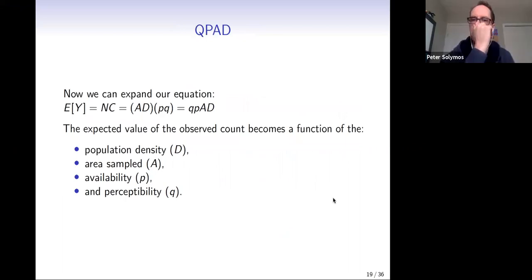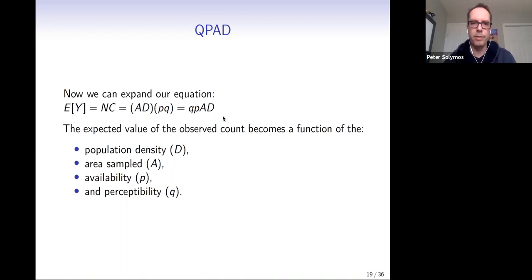So now back to QPAD. We had this equation on Tuesday at the very end. So we observe our counts, and then that is a result of the true abundance and some unknown. And so the true abundance can also be written as density times area multiplied by the availability and perceptibility.